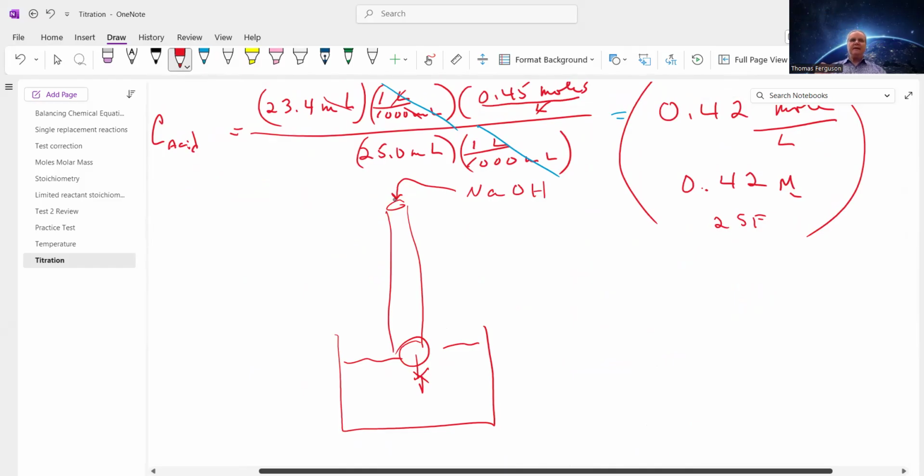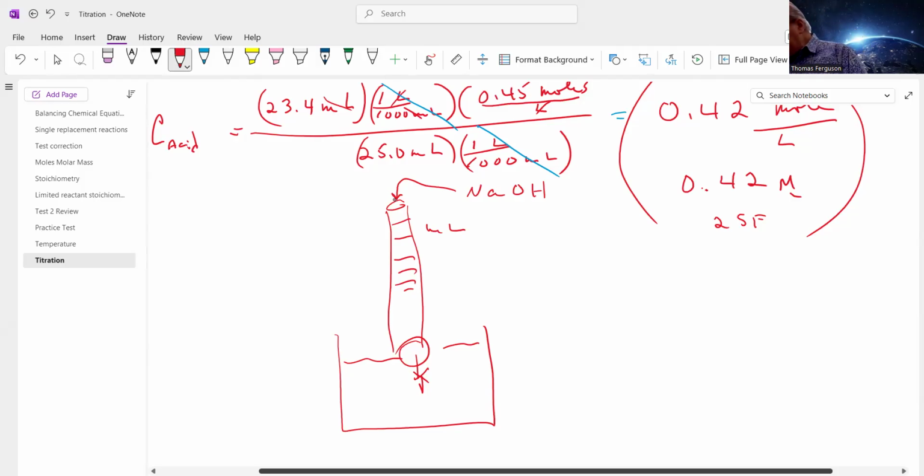This is going to measure how much sodium hydroxide it takes to neutralize the acid below, and it's measured in milliliters. Okay, that's step number one, fill a burette.